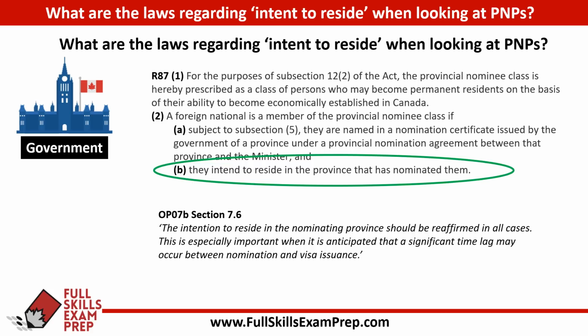But this is something that's incredibly important, and that is, even though it might take a year between when a person's nominated to when a person obtains PR or shows up at the border and is ready to activate their PR, well, I mean, the plan has to be the same for that person. If the person applied for PR through a PNP, the person needs to, of course, intend to reside in that province.